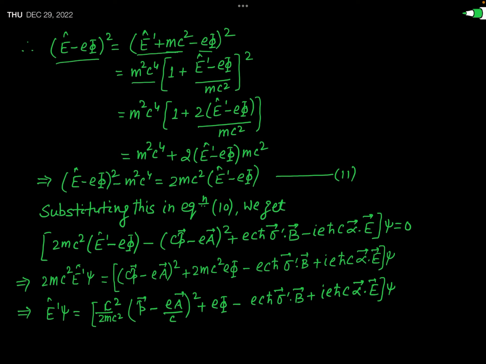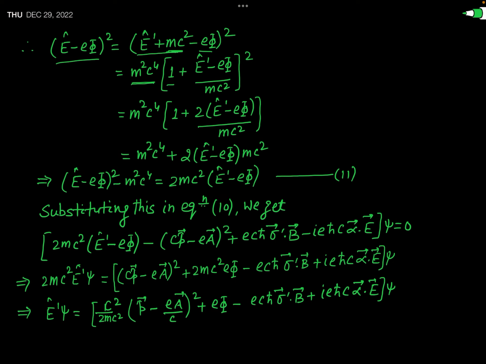So when you take this mc square as a common factor outside, that will be m square c4. Now, in the place of mc square, we will write 1, okay? And E dashed minus E phi will be divided by mc square, because this E dashed minus E phi does not contain mc square, okay?